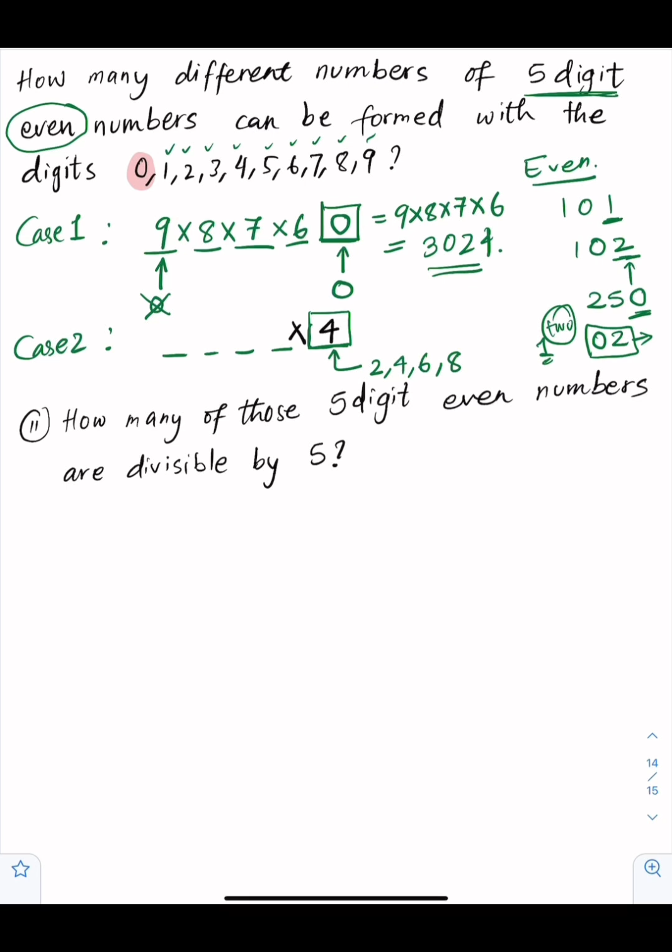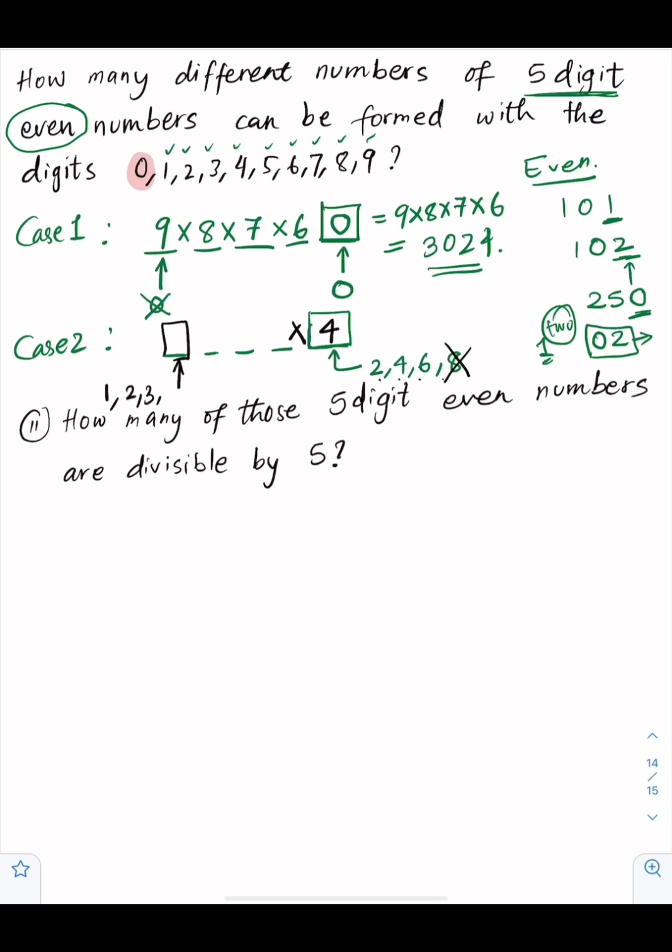Now, like I said, 0 cannot get in the first place. So from the 4 available even numbers, one of the even numbers, let's say 8, got into the last digit space. Now how many numbers are available? 0 can't get in. Can 1 get in? Yes. Can 2 get in?